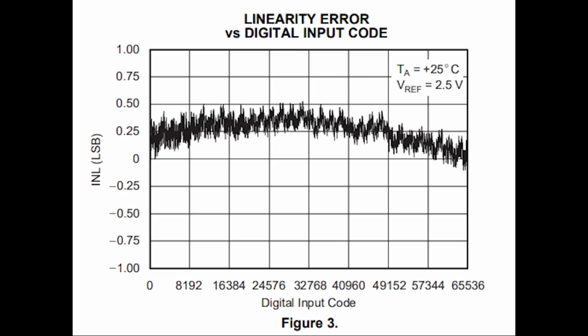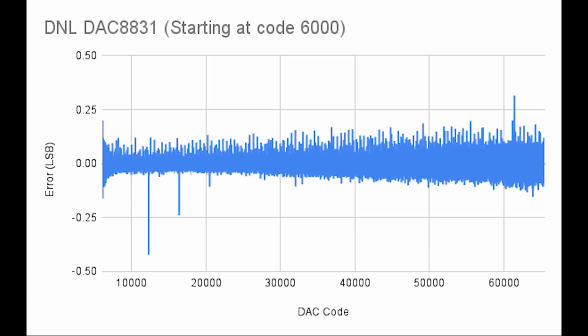There is another kind of nonlinearity that we should take a look at, DNL. DNL stands for differential nonlinearity. DNL is different from INL since it doesn't keep track of the overall output, but rather the difference between two adjacent codes. For example, if we start at code 7000 and then increment it to code 7001, the DNL at that code would be the voltage difference between them minus 1 LSB.